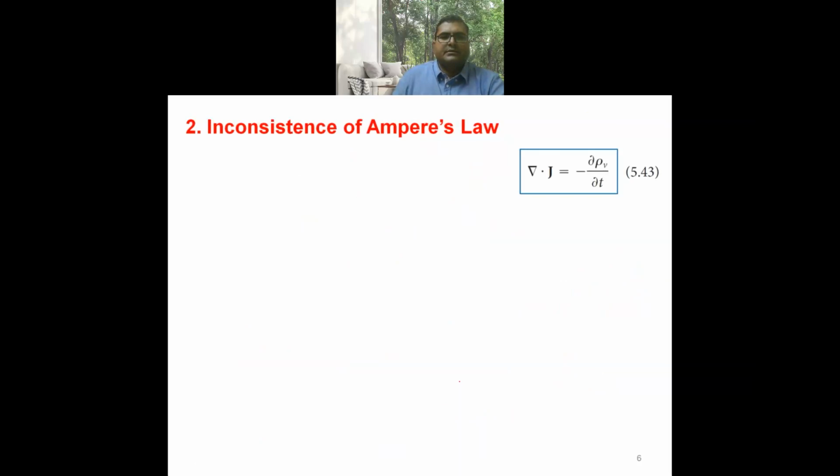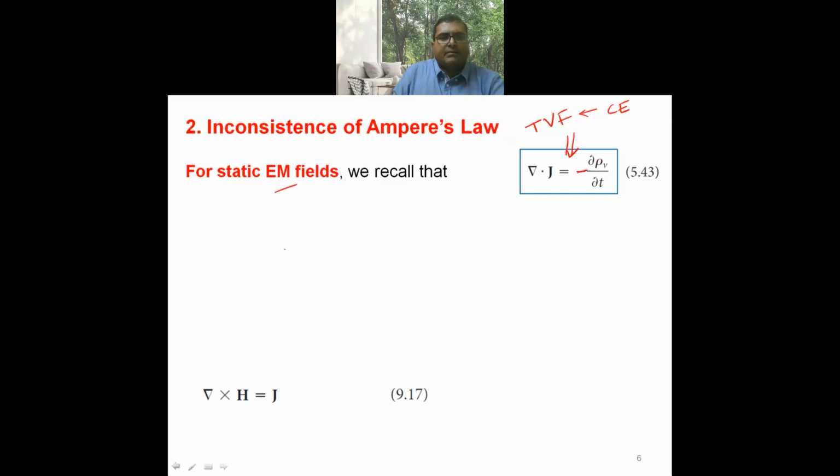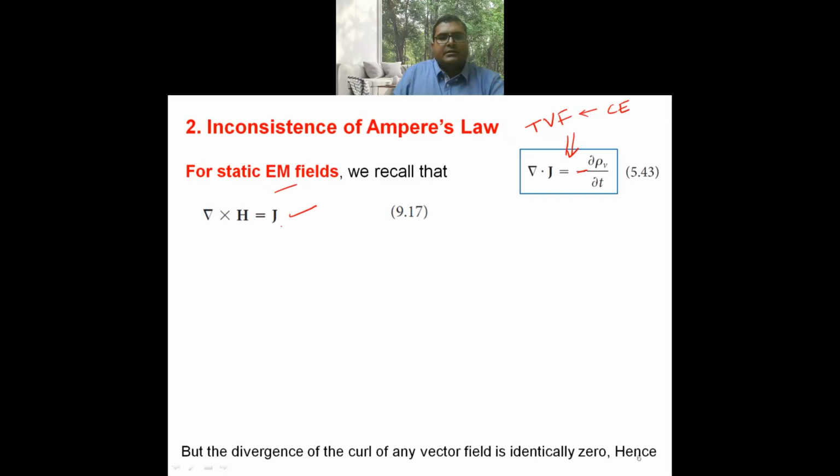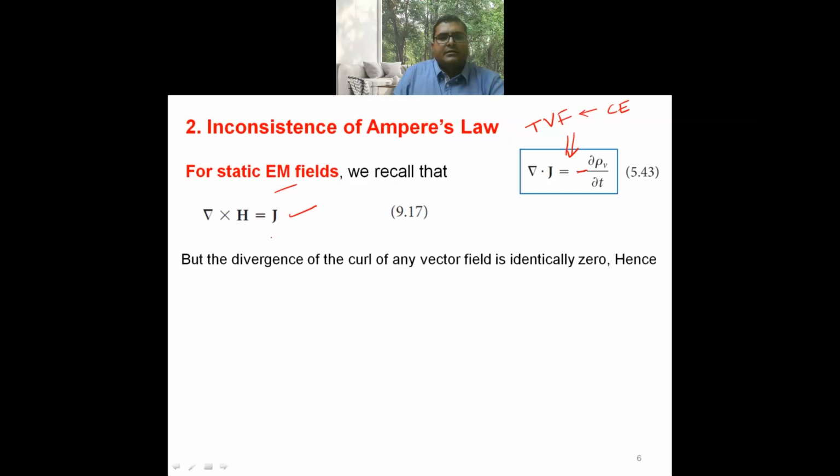Inconsistency of Ampere's law. Just now we discussed the continuity equation. Time varying fields must satisfy the continuity equation, which is given by del dot J is equal to minus dou rho v by dou t. For static fields, we recall that from Ampere's law, del cross H is equal to J. Here H is a vector.